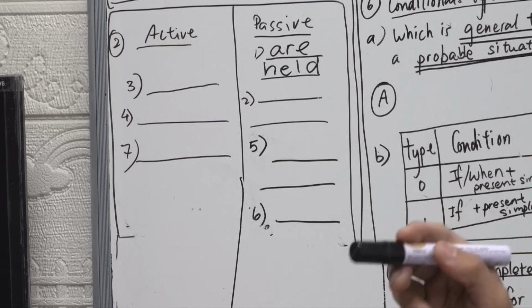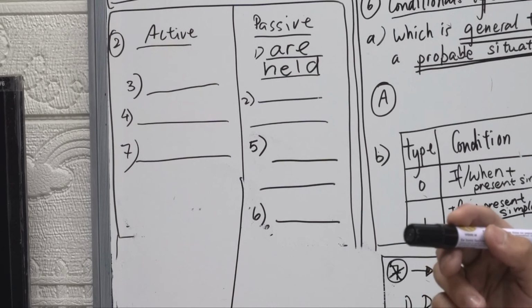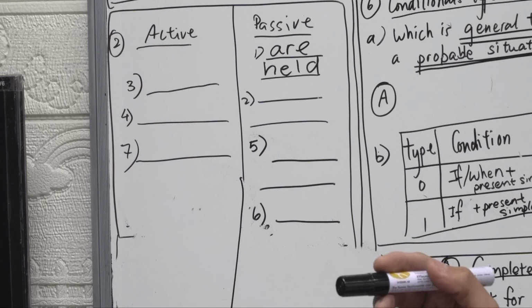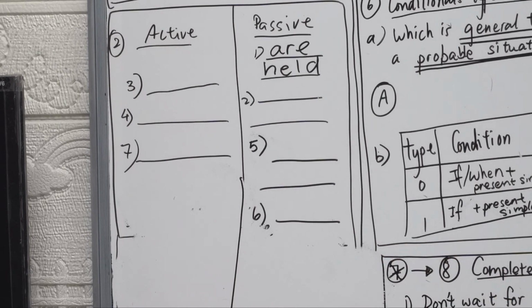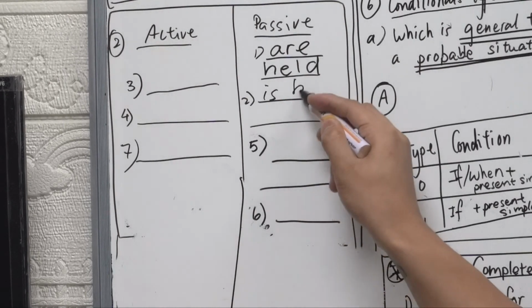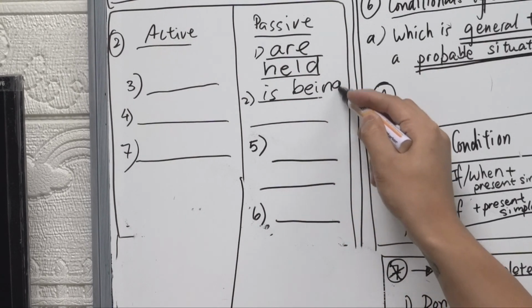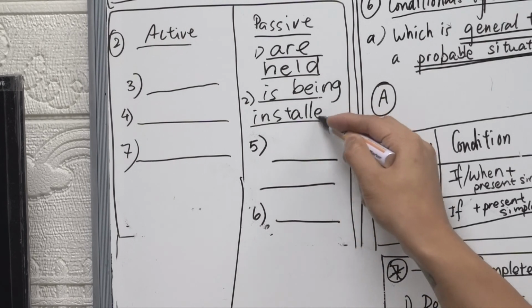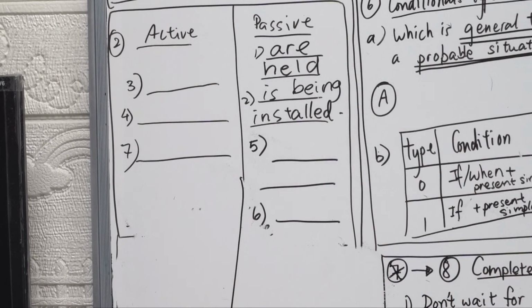So are installing will become, new equipment is being installed. Why being installed? Because as we speak, they are still installing it. ing, right? That's why it's being installed, okay?